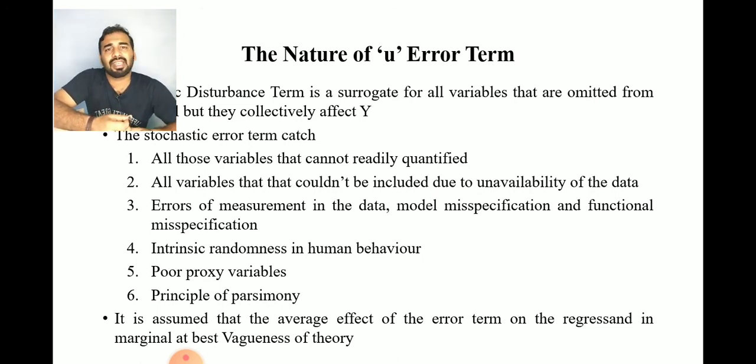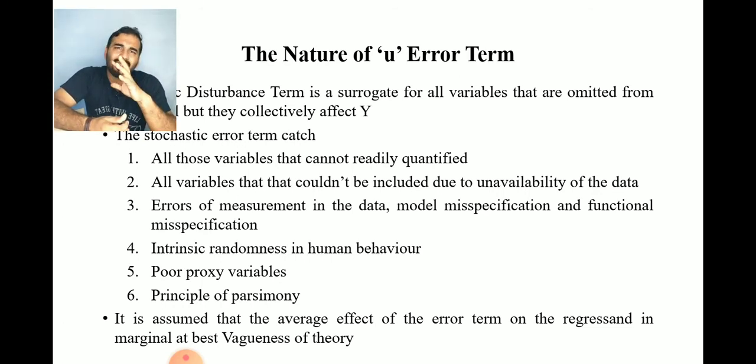For some variable, clear, exact data may not be available. In such a situation we remove that variable, and u will capture it. Then there are errors in the measurement of the data, model misspecification and functional misspecification.